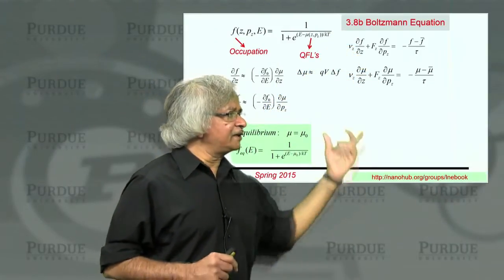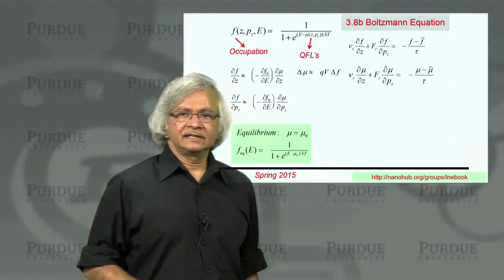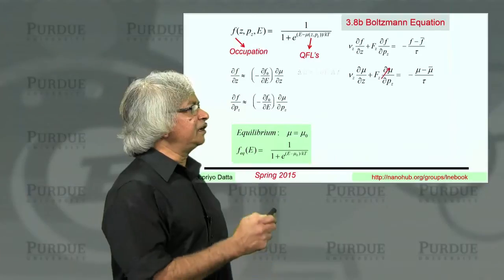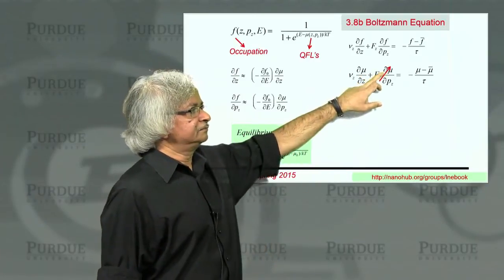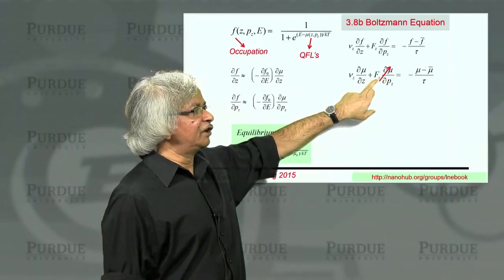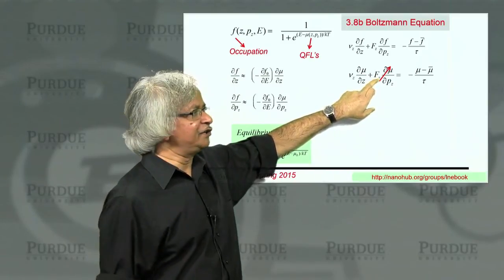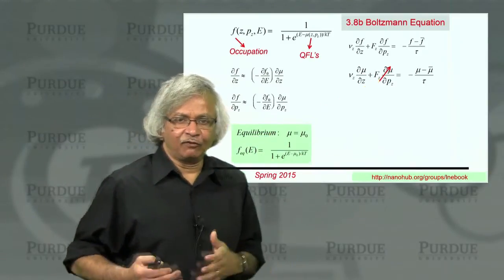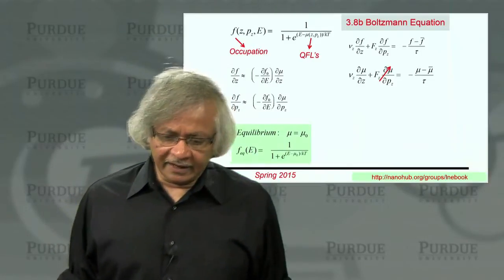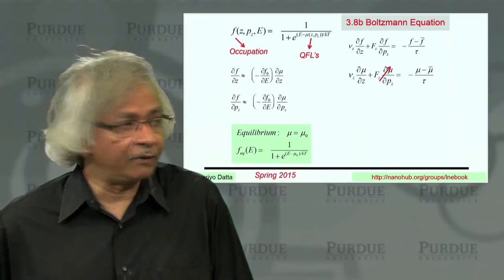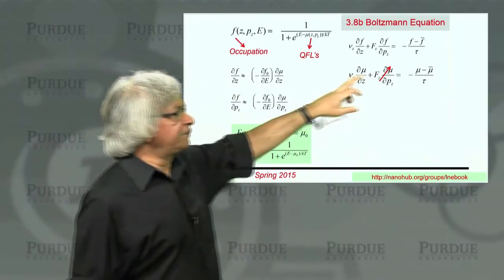Now the next point is a little more subtle, and that is that under many conditions you can ignore this middle term, because this is the term that actually involves the force due to the field, right? Usually this F, that's the force that an electron feels, and that is where the electric field would often enter the Boltzmann equation. Now, when can you drop this?